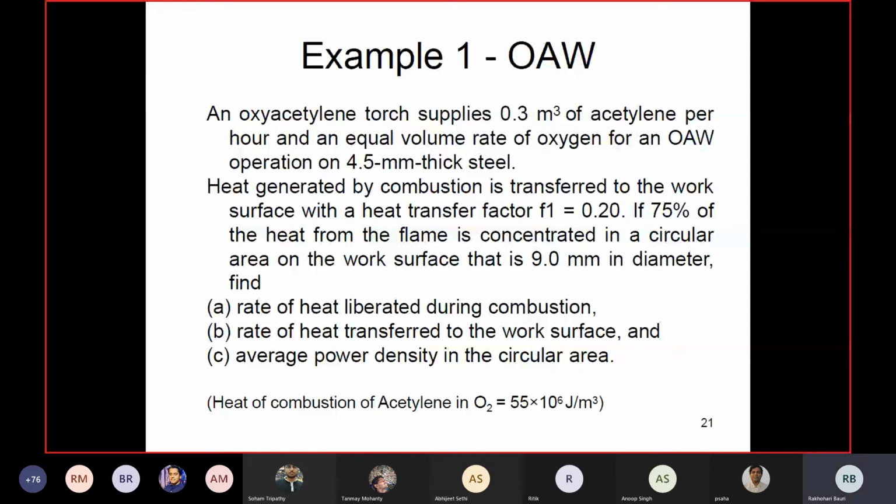Here, the heat of liberation is considered only for the stage 1 reaction, because in stage 2 the heat generation is much lesser compared to stage 1, so that has been practically neglected in this question.